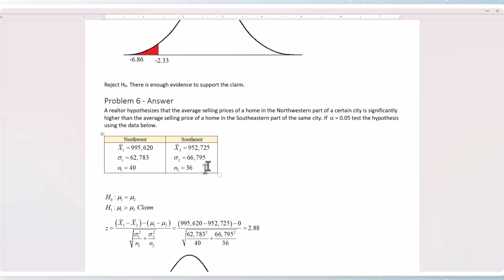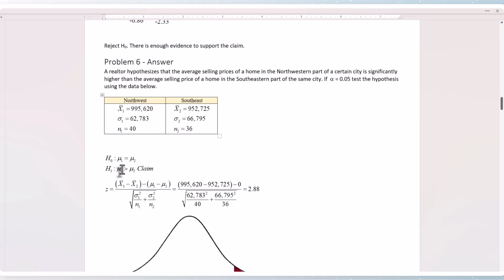If alpha is 0.05, test the hypothesis using the data. This is our summary data. The claim is that the average home price in the northwest side is greater than the average home price in the southeast side. That's our claim. That is H sub 1. H naught is that the two means are equal.